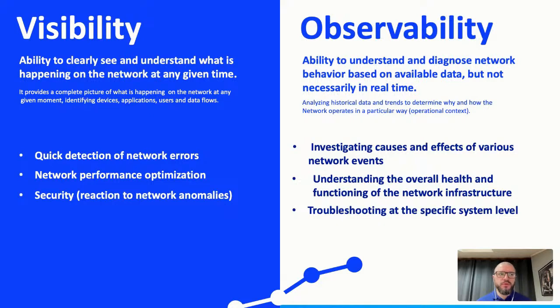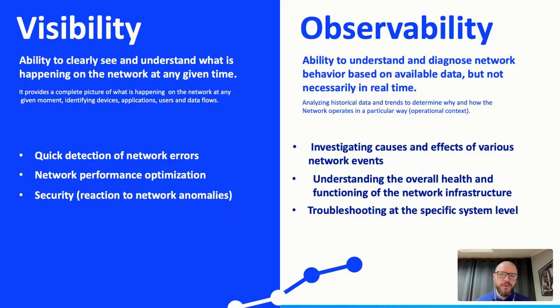If you do not feel the difference between visibility and observability, just think about the road. When you stand on the road and you see some cars, you see the color of the car, you see the type of the car, and this is visibility.